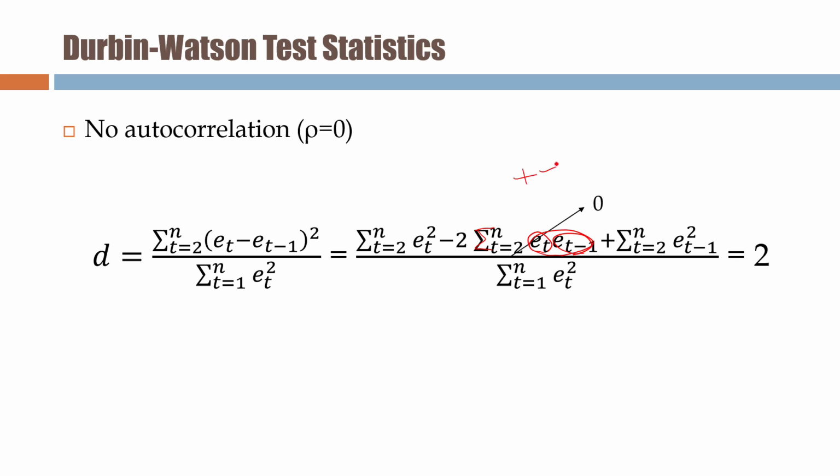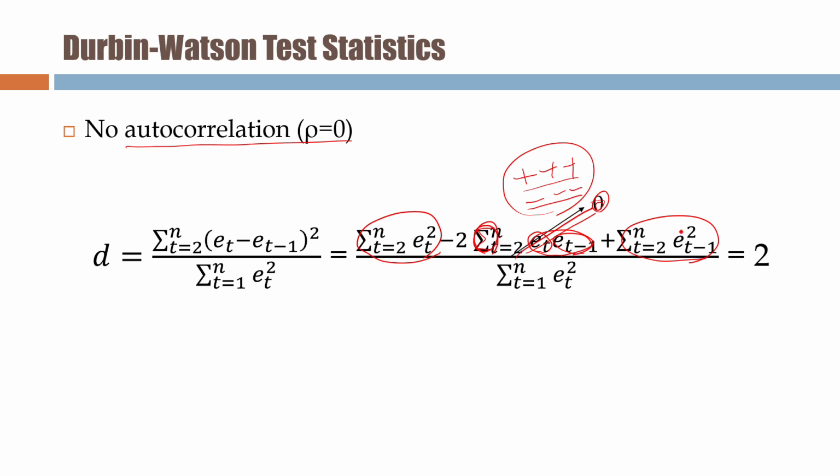So you will have a bunch of positive and a bunch of negative, and if you add them up, it will be 0 if you have no autocorrelation at all. No autocorrelation means there's no tendency in the sign of the current one relative to the previous one, right? So you will have about the same number of positive and negative, so this term will be 0. Then you will have only this one and this one.